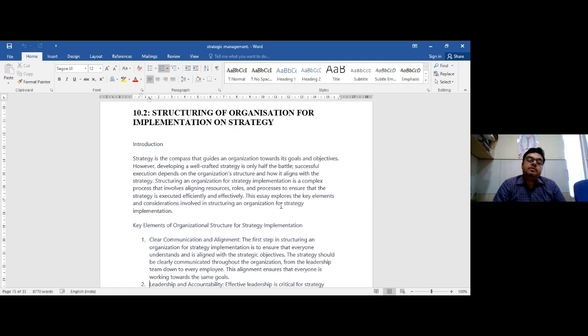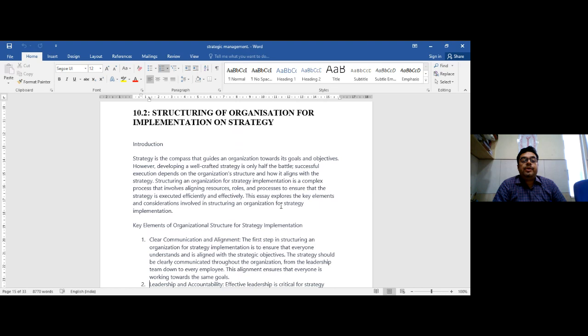And developing a well-crafted strategy is just half the battle. Successful execution depends on the organization's structure and how it aligns with the strategy.